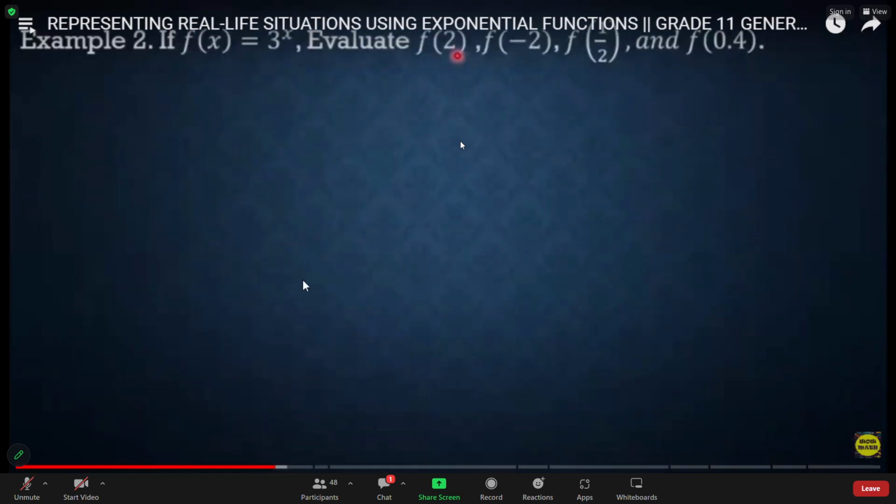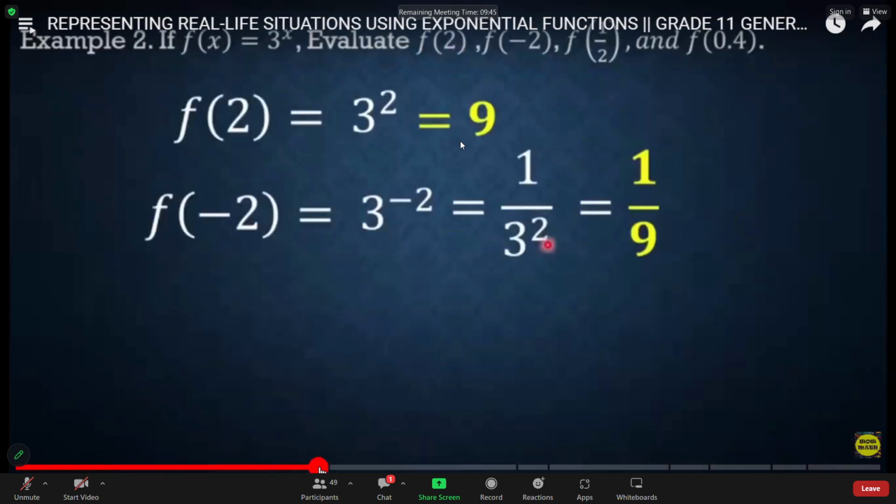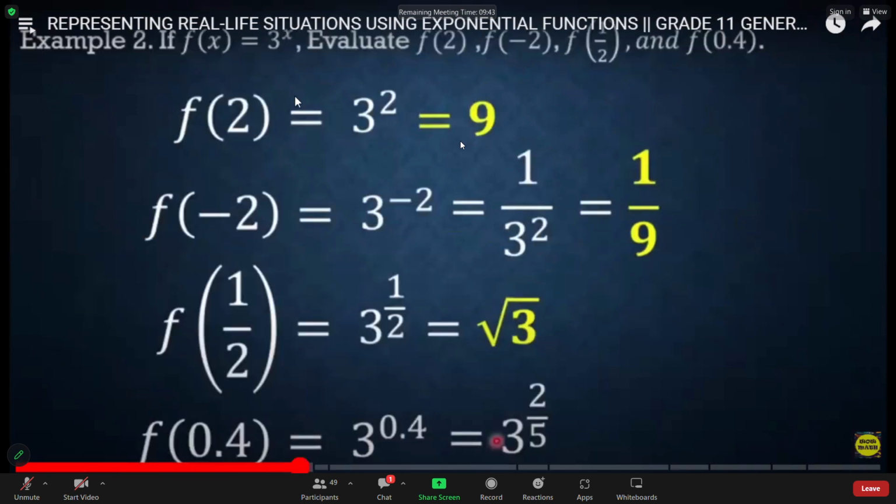These are the given values. So here, there are certain cases written like this. If f of x is equal to 3 raised to the power of x, find f sub 2. When you say f sub 2, it simply means 2 is the value of x. So you are going to substitute the 2 to the x exponent.